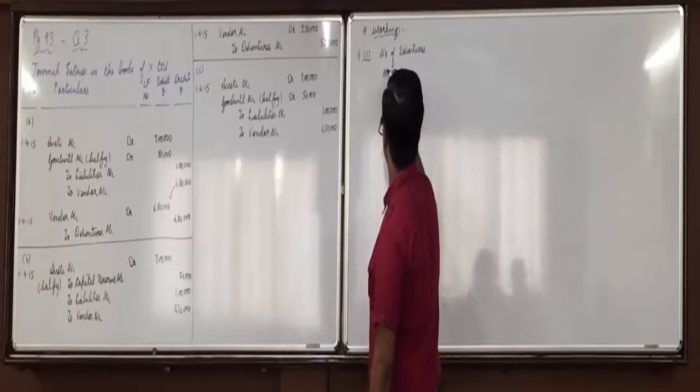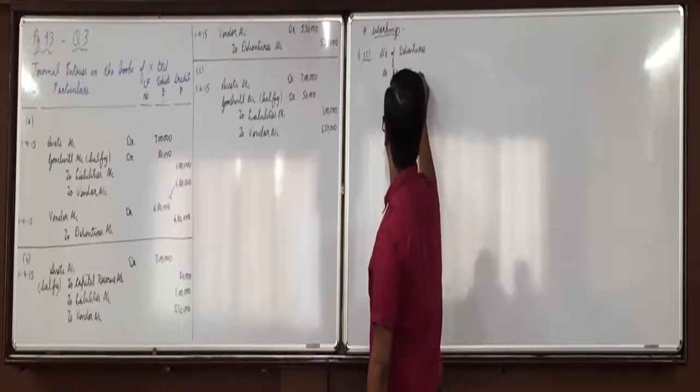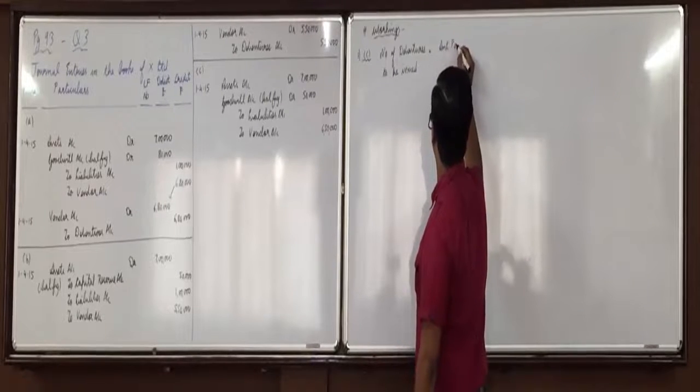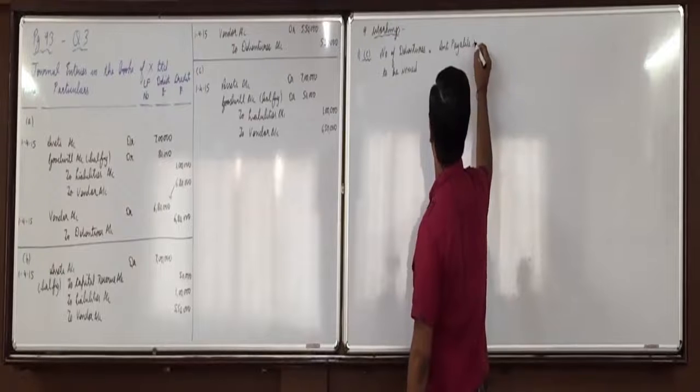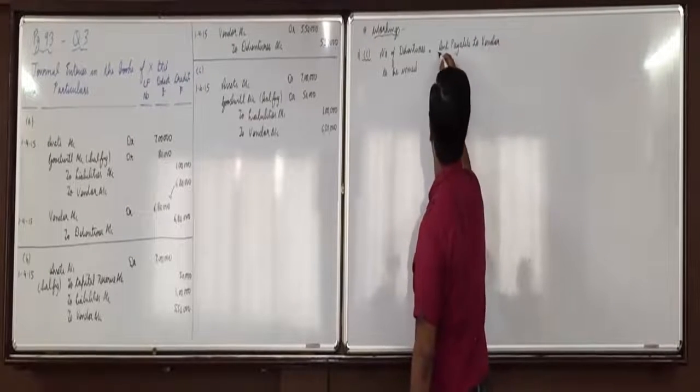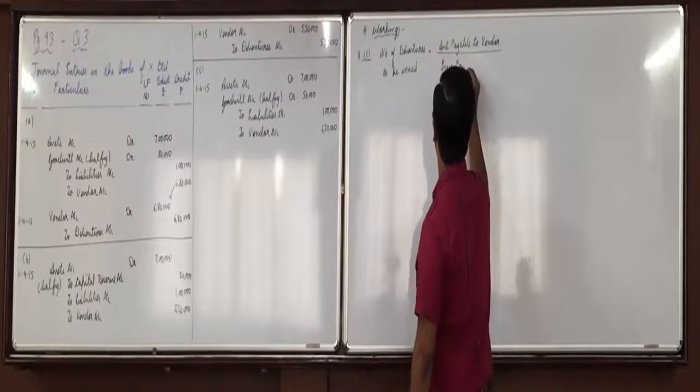Number of debentures to be issued equals amount payable to the vendor divided by issue price of debentures.